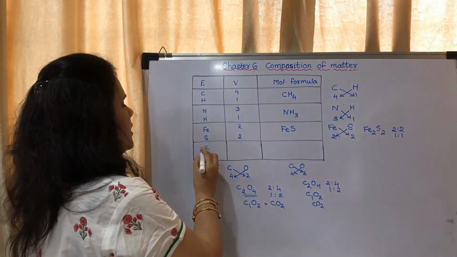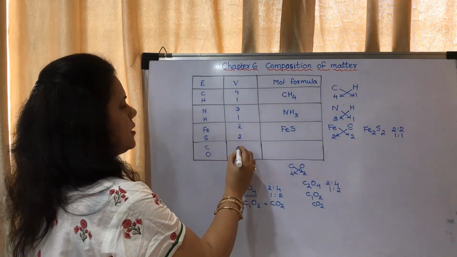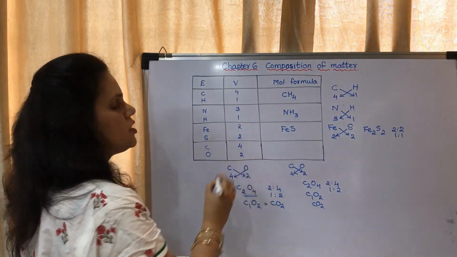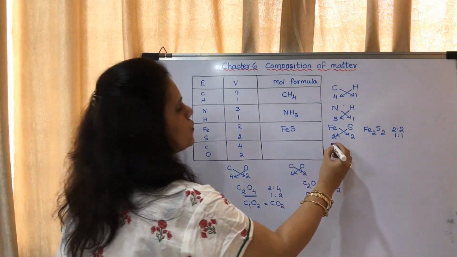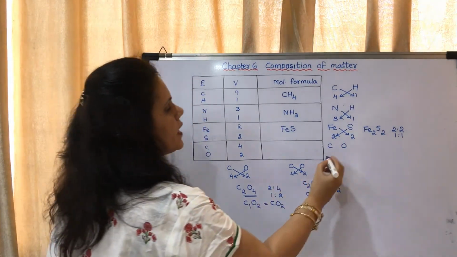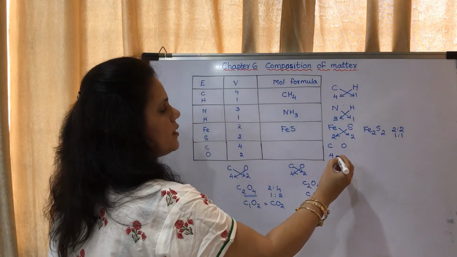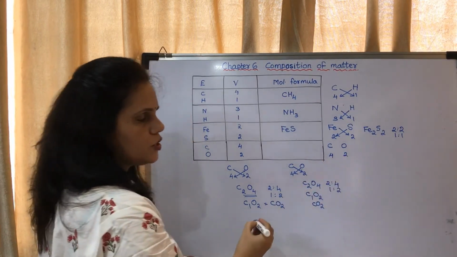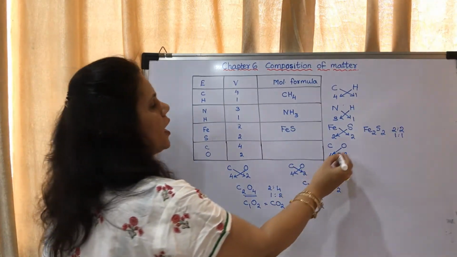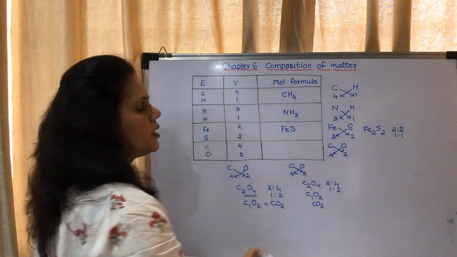Okay. Carbon and oxygen. The valency of carbon is 4. The valency of oxygen is 2. So first I will write the elements carbon and oxygen. The valency of carbon is 4. The valency of oxygen is 2. Oxygen will get the number 4 and carbon will get the number 2.